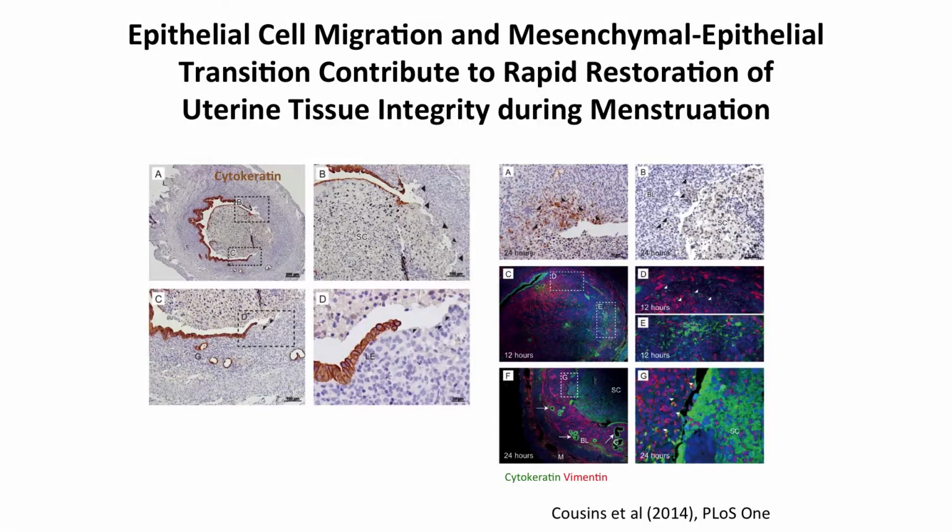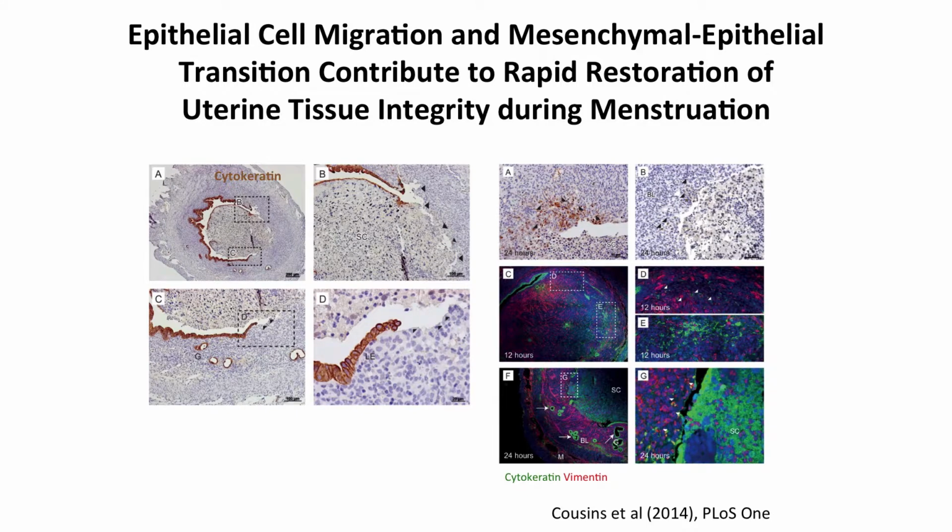She used BrdU staining and also staining for cytokeratin, which is an epithelial cell marker. And she was able to show that the epithelial cells proliferated, but we also saw evidence of migration as well.